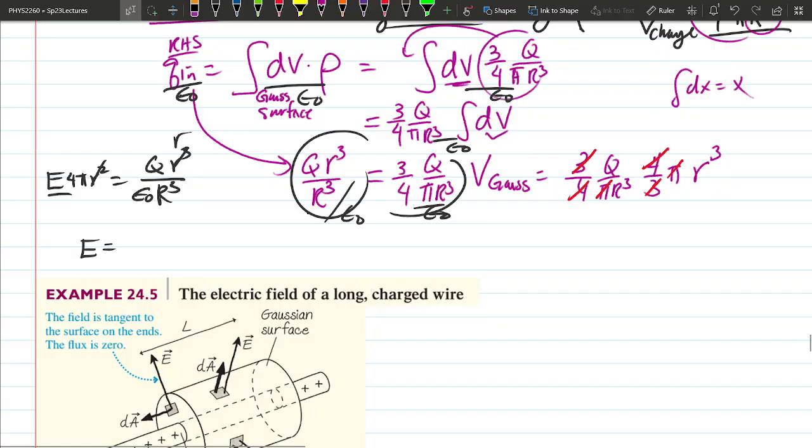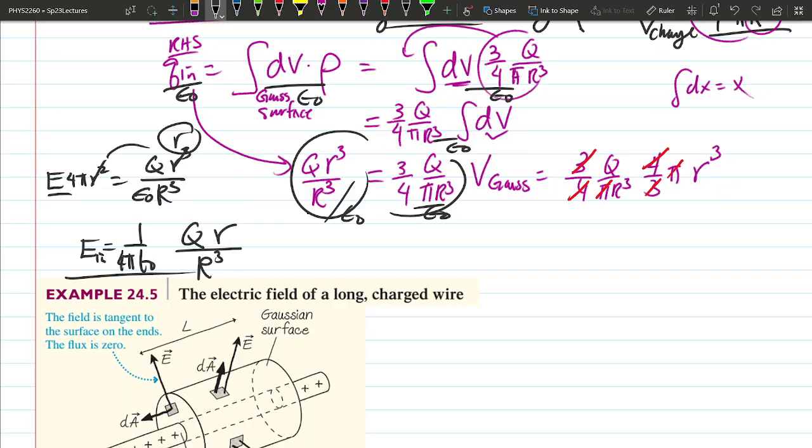Okay, so it's 1/4 pi epsilon naught, the charge times r, because not all three factors of r cancel out, divided by big R to the third. So the electric field inside is different from the electric field outside.